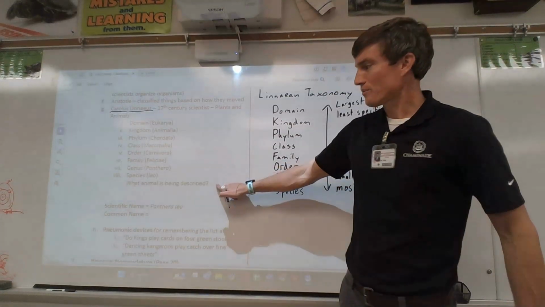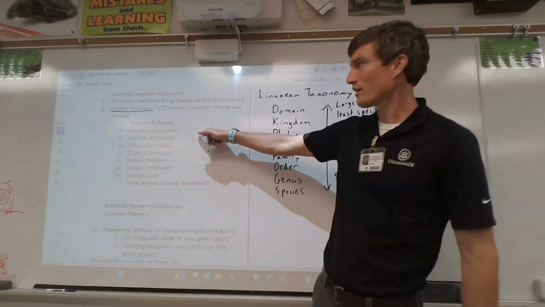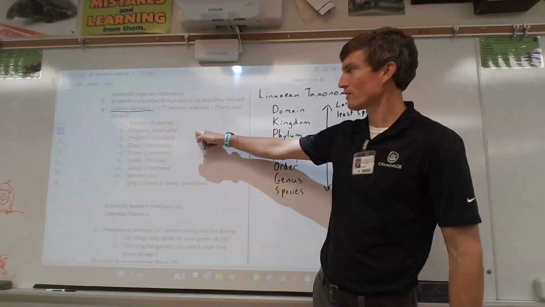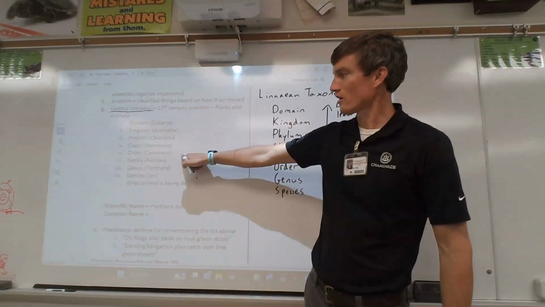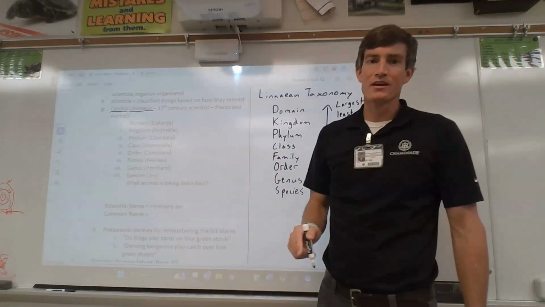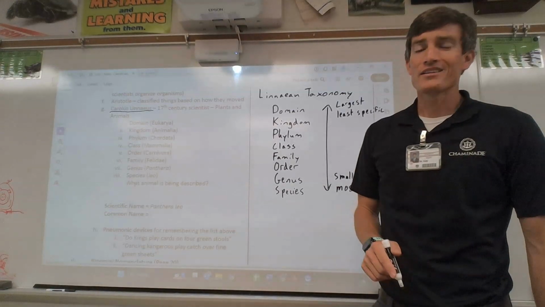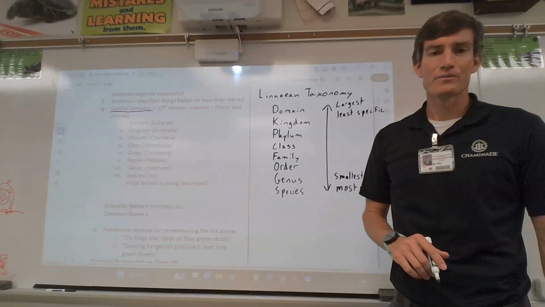So if we look over to our example here, it says, what is the animal that's being described here? And if you follow along, it goes through things like the Animalia kingdom, the phylum Chordata, the class Mammalia, the order Carnivora, the family Felidae, the genus Panthera, and then the species Leo. And in this case, it creates the scientific name known as Panthera leo.